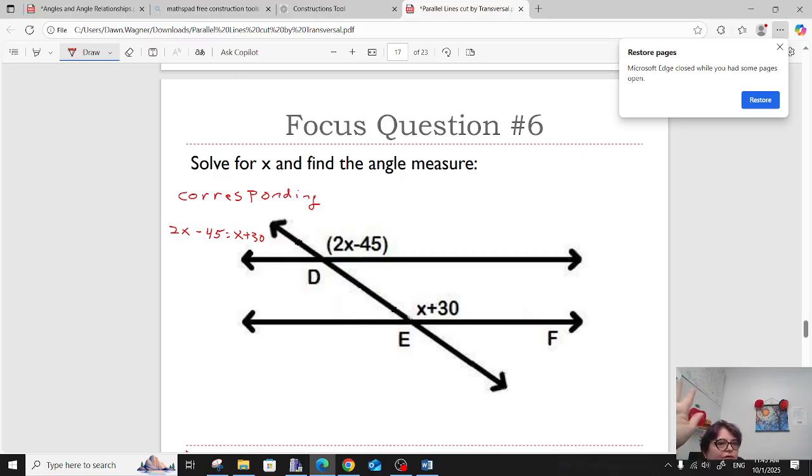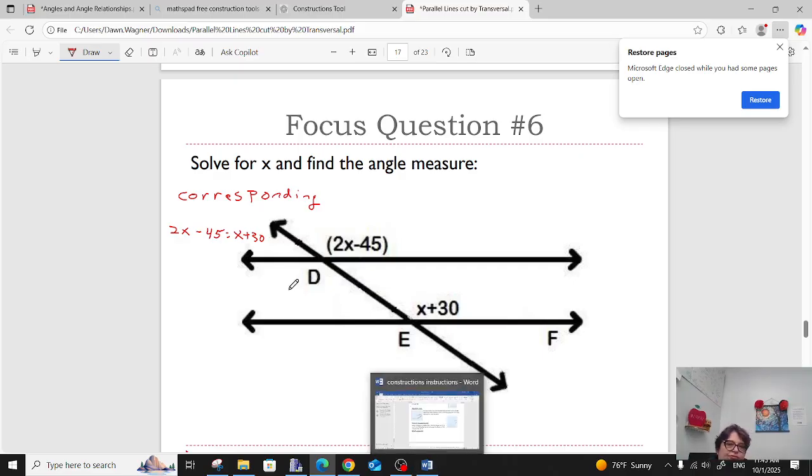So don't get too concerned. I don't know if this one is. I think this one would be positive. But don't get too concerned if you end up getting a negative x. It's just the angles won't be negative, until you get into trigonometry. Then you can have negative angle measures.